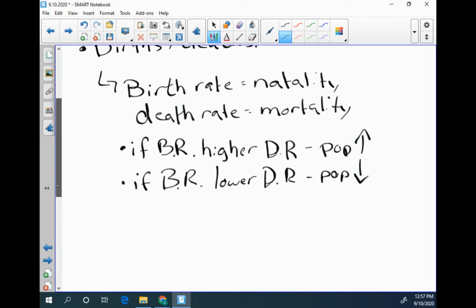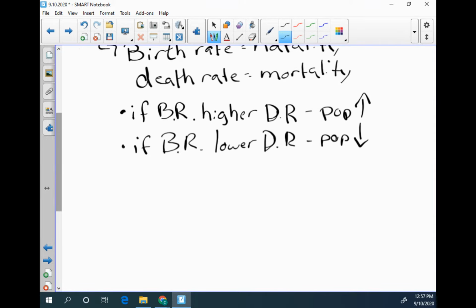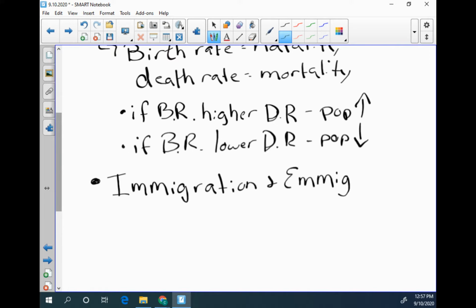The other factor that affects population growth is immigration and emigration. So immigration are individuals moving in.